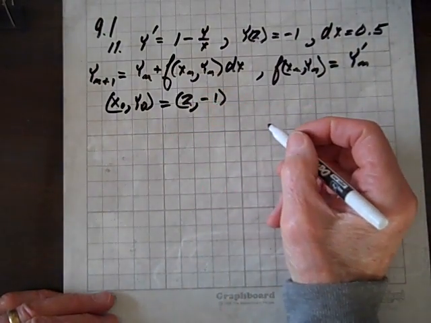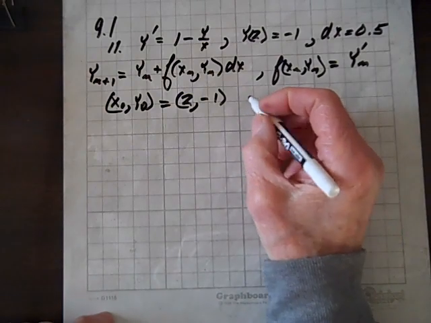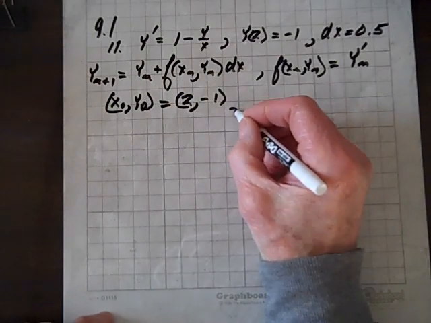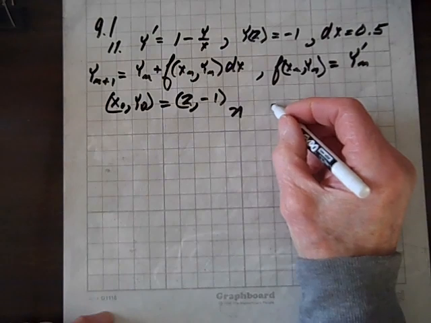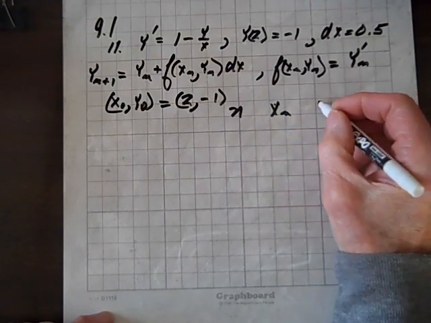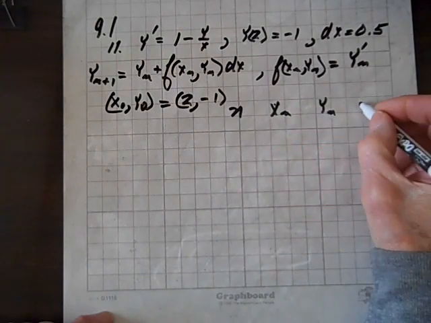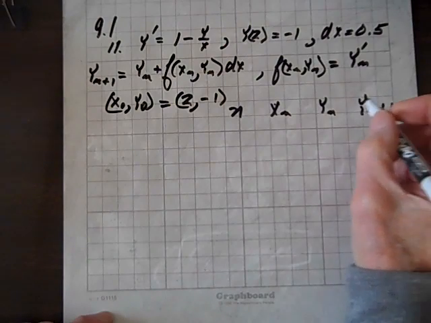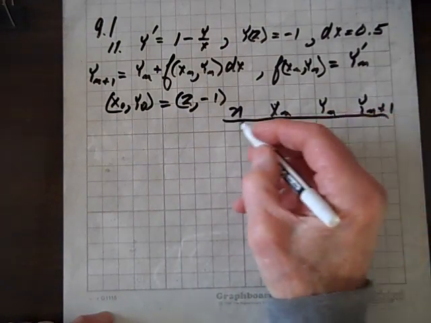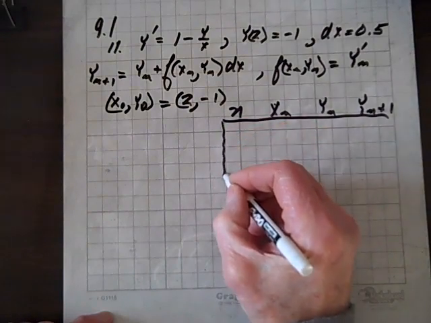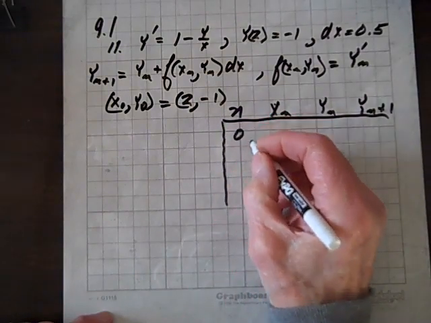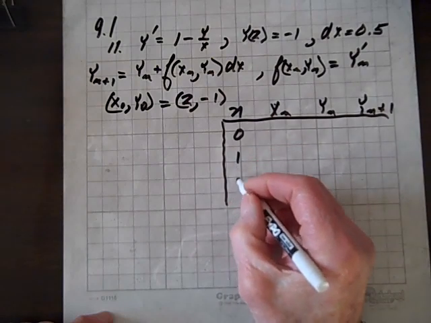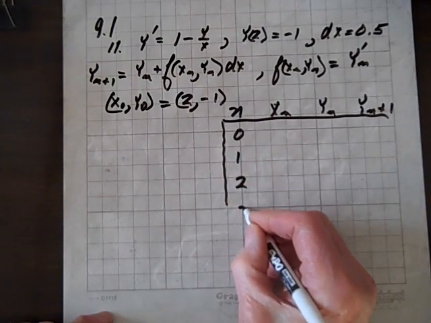And so now let's make a little table of values. What we're going to have is n, x sub n, y sub n, and y sub n plus 1. And I'll let n be 0, 1, 2, and 3.